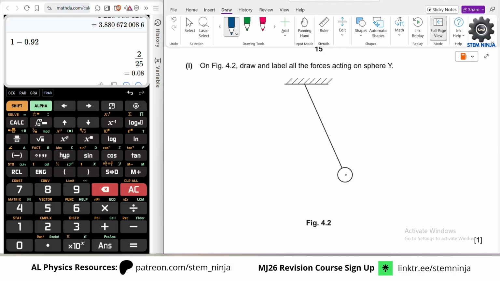Okay. So weight first, easiest one to figure out. Weight. There's going to be a tension force in the string. Then you will have the electrostatic force of repulsion. Electrostatic force.